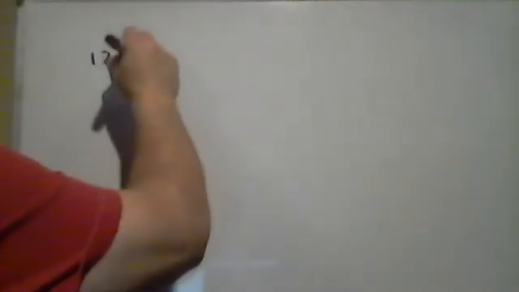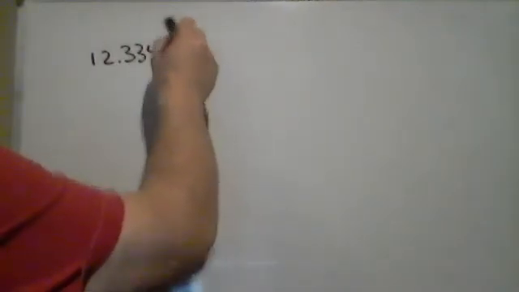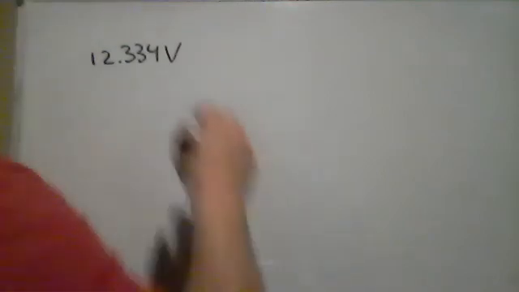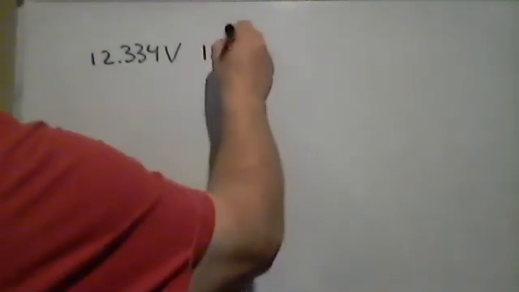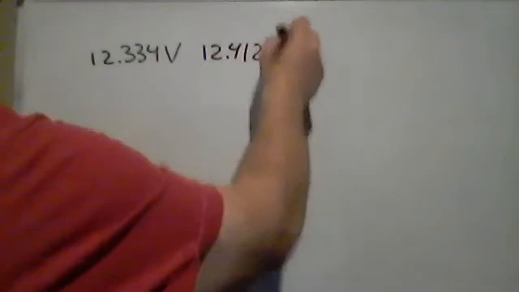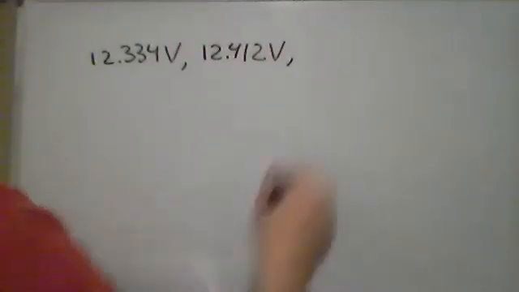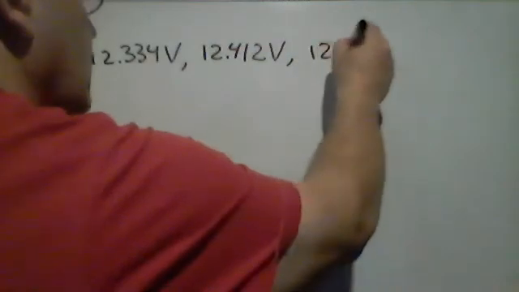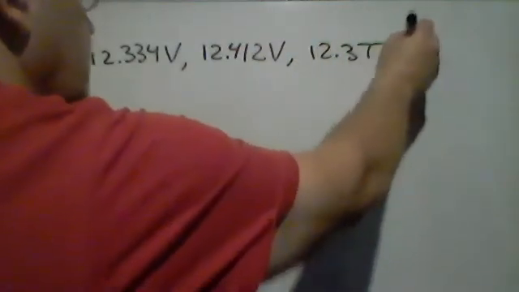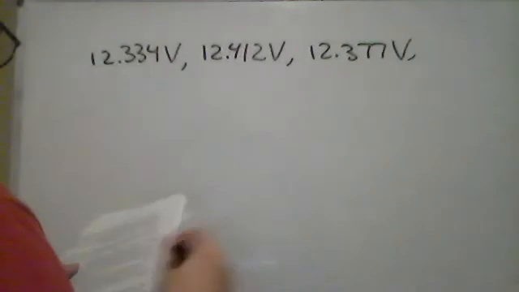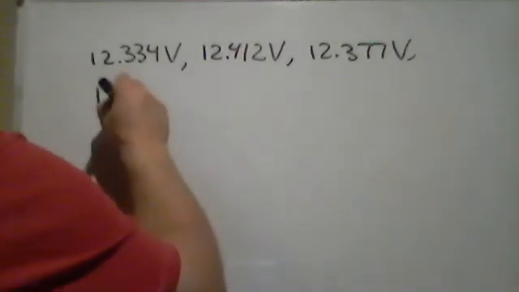You have a little table. 12.334 volts is a value, 12.412 volts. I'm trying to measure something, and I'm getting values that differ from each other. Another measurement, I get 12.377 volts. Another measurement is 12.531 volts.